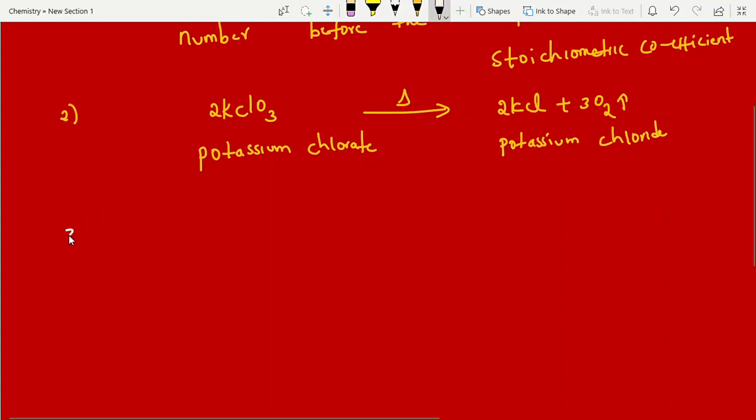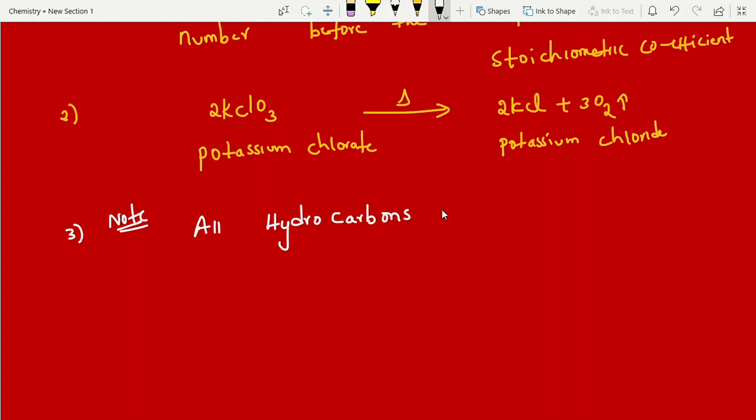Now, next another one, all hydrocarbons. One important note point I am writing, students. All hydrocarbons on combustion give the same products, CO2 and water, carbon dioxide and water.